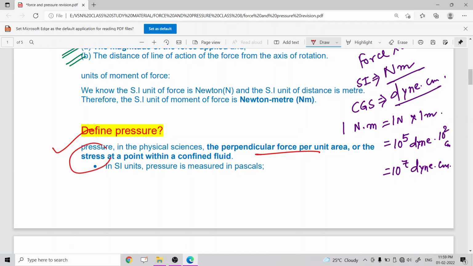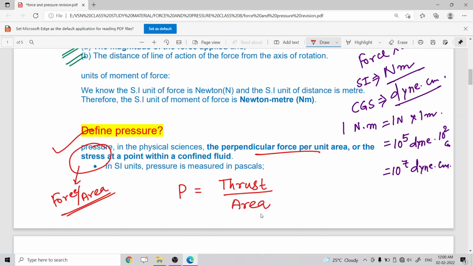Stress means force per unit area, and you can take it as pressure for a liquid or a fluid. So you can write pressure P is equal to perpendicular force, also called thrust, upon area.